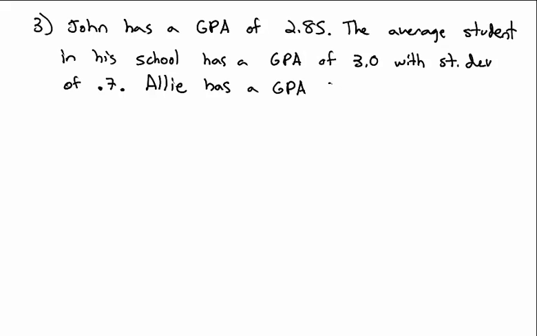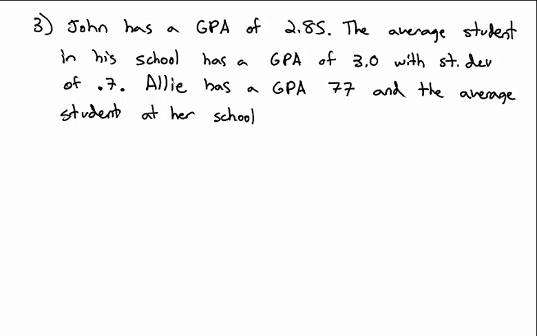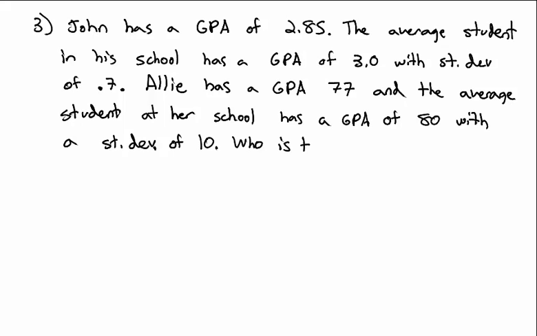So Allie has a GPA of 77, and the average student at her school has a GPA of 80 with the standard deviation of 10. Who is the better student?